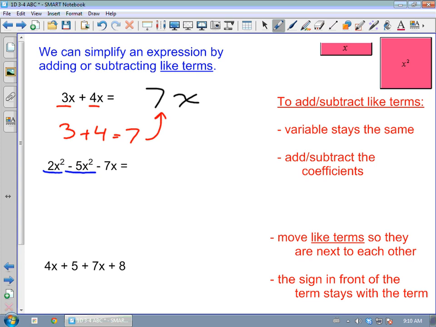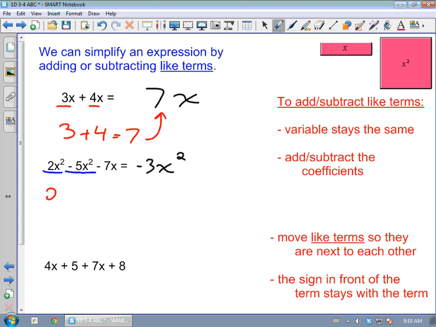Now we want to add and subtract the coefficients. So we're doing subtraction here. So if we've got 2x squared and we subtract 5x squared, we know that our variable is going to stay the same. We're still going to have an x squared. But what is the coefficient going to be on this x squared? Negative 3. Why is it negative 3?